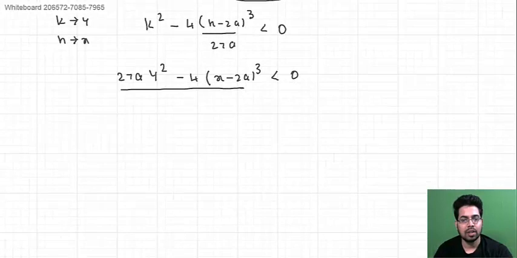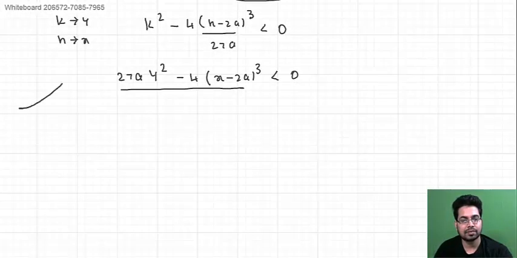Remember, whenever we have any curve this way, if we are having any point over here and any point over here, that means these 2 points are lying on either side of this curve. That means if we put this point in this curve and this point in this curve, we are going to get 2 different signs.